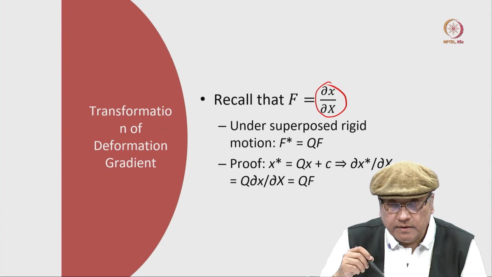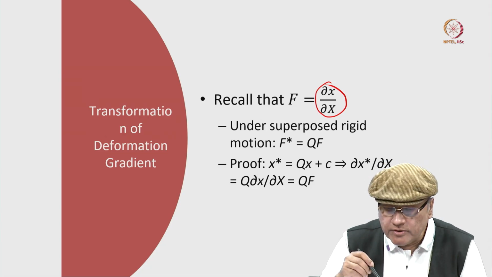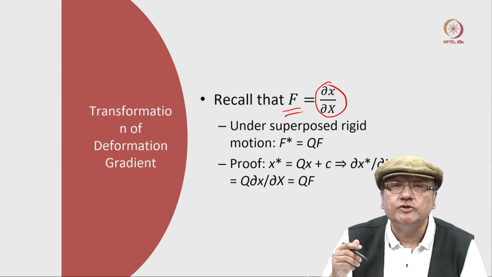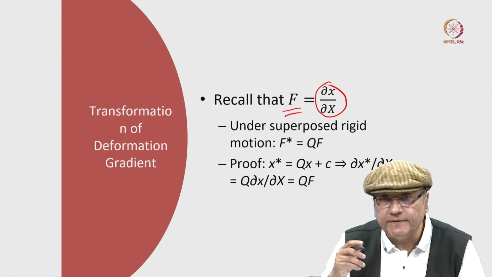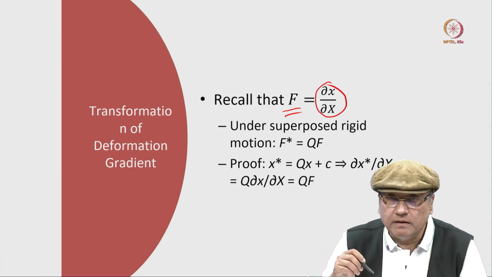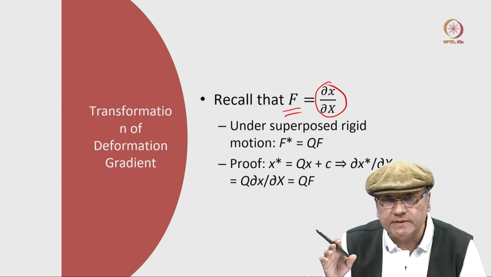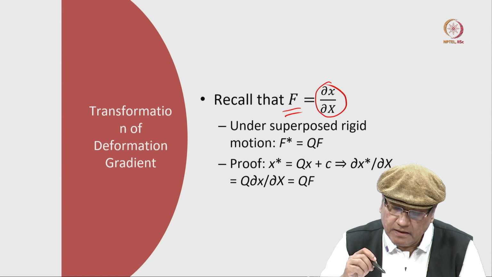Now let us understand what happens to the deformation gradient itself under a change of coordinates in the spatial configuration. The referential configuration, for that the coordinates remain the same, right, but the change of coordinates applies only to the spatial configuration.